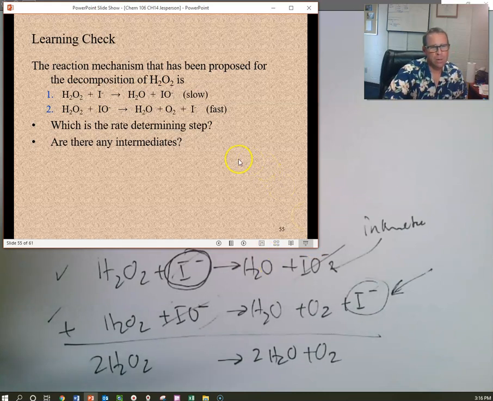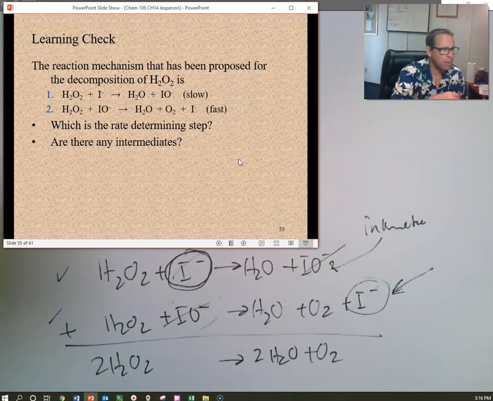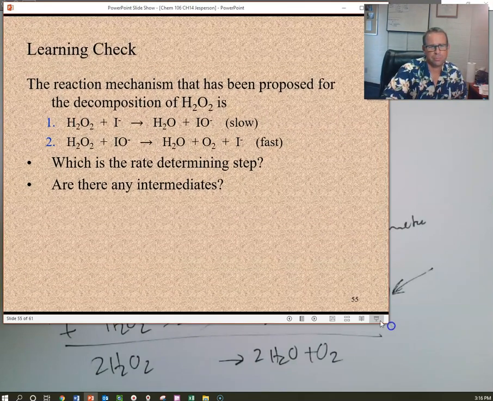So, what about the information regarding the rate determining step? Which one of these steps is going to determine the rate? Any ideas, Sarah? I believe it would be the first one.